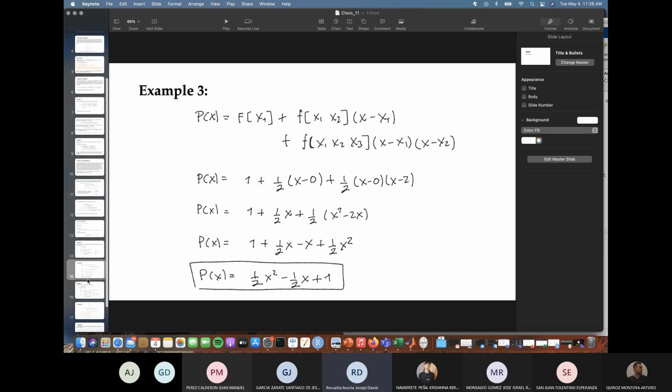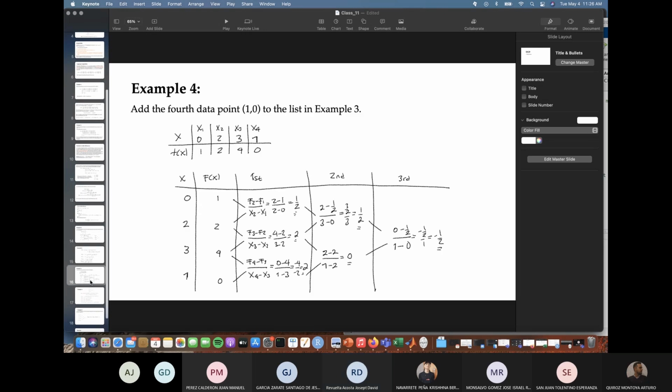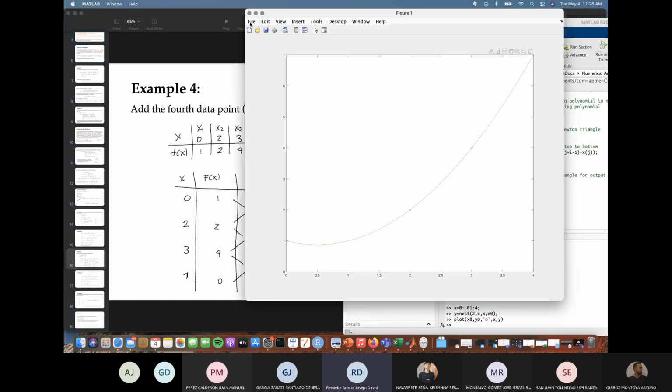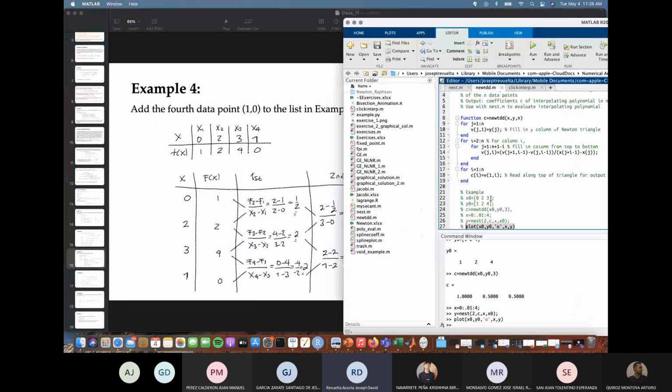And then let's just do the following one, which is this one. This just consisted of adding a new point. So this is just a piece of cake because we're just adding 1 and 0.